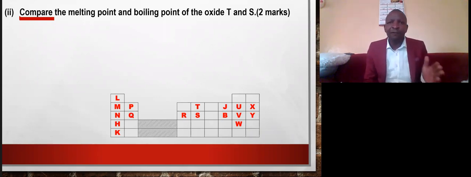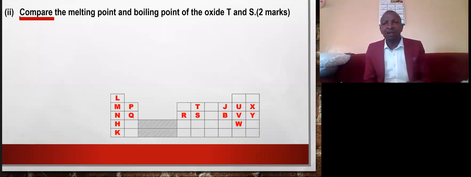Then you explain further that this is because the oxide of S has a giant atomic structure with a strong covalent bond, while the oxide of T has a simple molecular structure with weaker van der Waals forces.